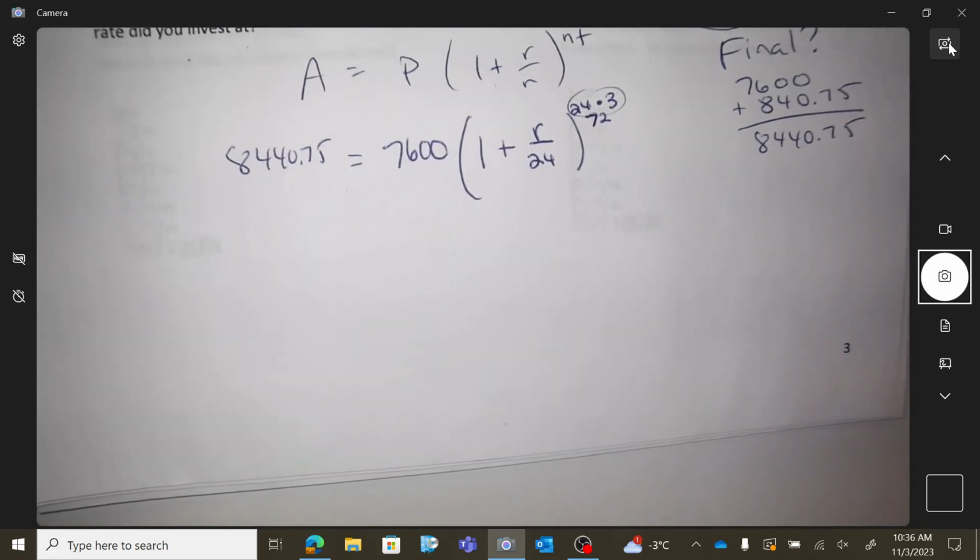Okay, does that make sense? You got to use final, principal, and interest. They all work together. They're either kind of adding or subtracting to get to places where you need to go.